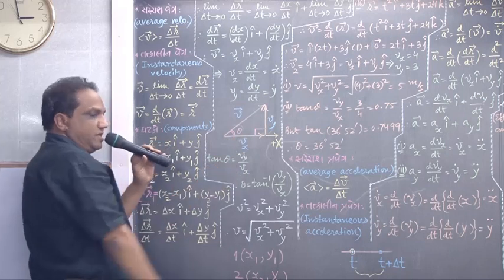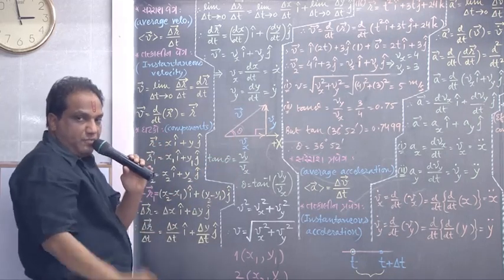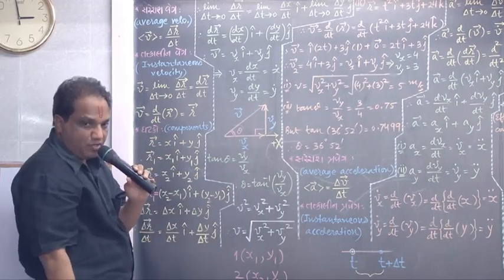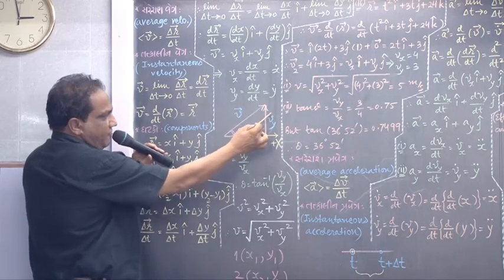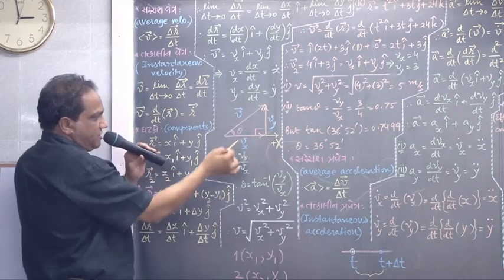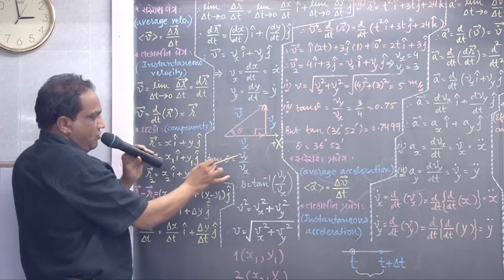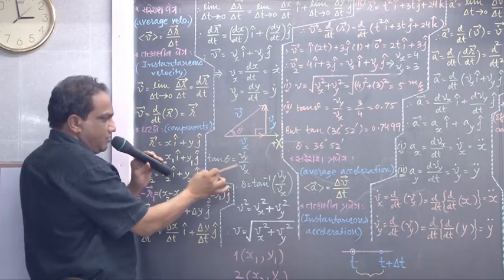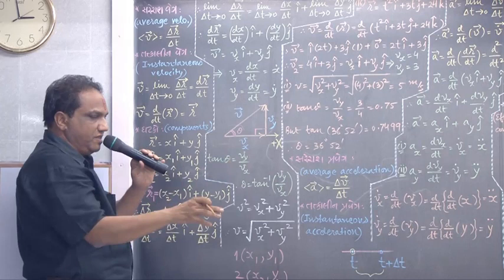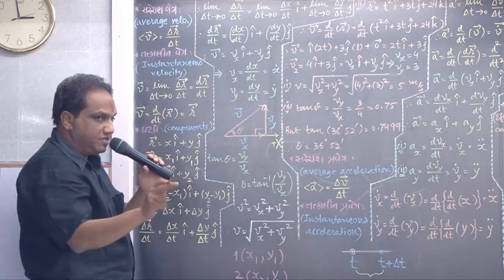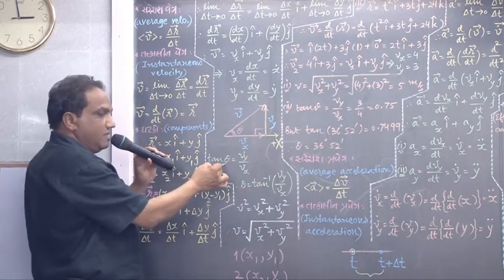Just find out now tan theta. Opposite upon adjacent. Opposite to theta is vy, adjacent to theta is vx. If you know these two components, you can place their values and find tan theta. And from tan theta, using the table of natural tangents in the log table, you can find angle theta.